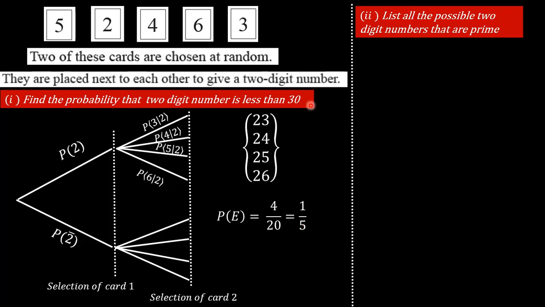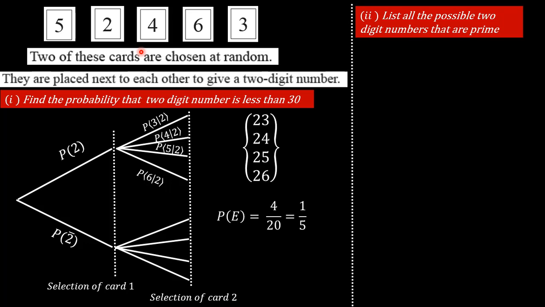Now if you consider these 4 numbers here, the only number that is prime is 23. However, if the first trial bears a number 3, then we will be left with the second trial with 5, 2, 4 and 6. So we get 35, we get 32, we get 36 and 34.